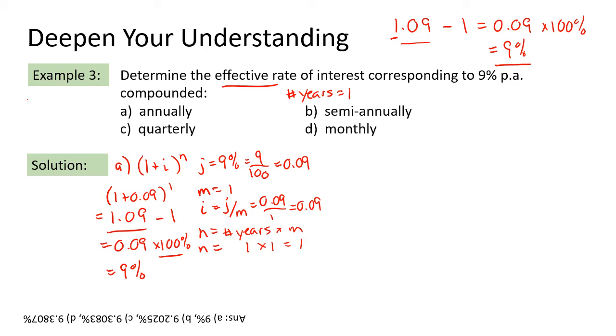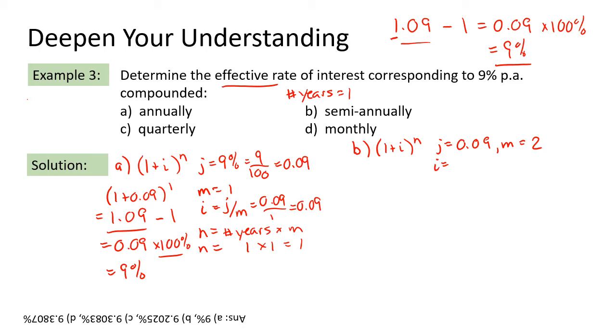Let's look now at semi-annually. So I'll say B, okay, and we're looking at 1 plus i. Again, we're always looking at this multiplier. So semi-annually, j is the same, 0.09. m, in this case, is equal to 2, right, because it's semi-annually.